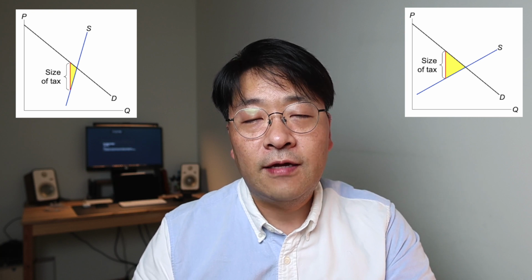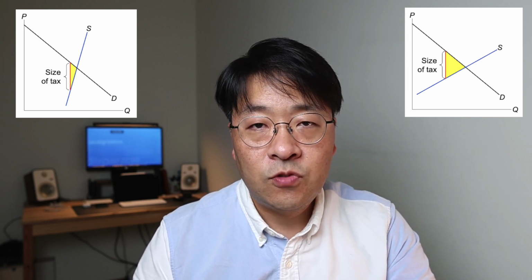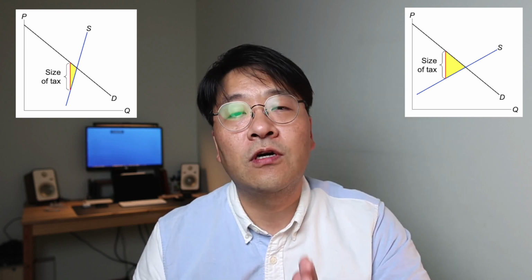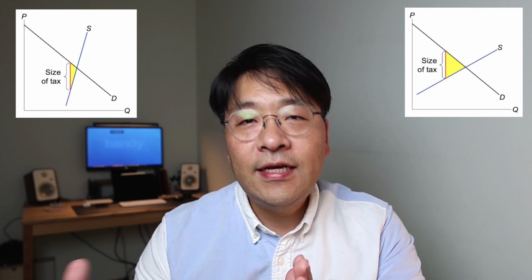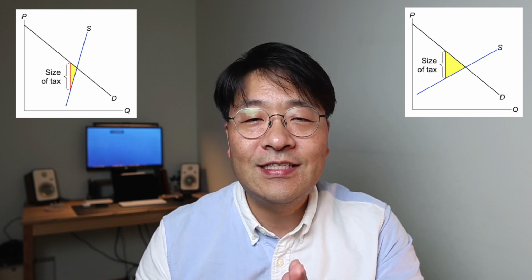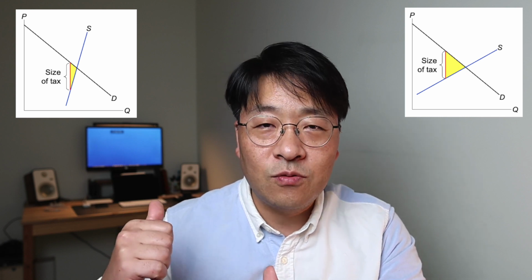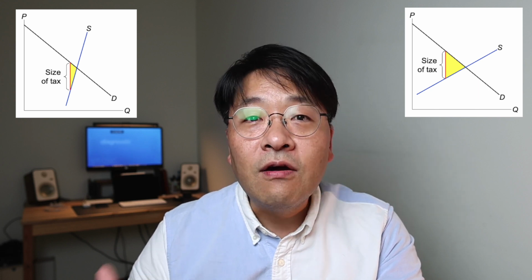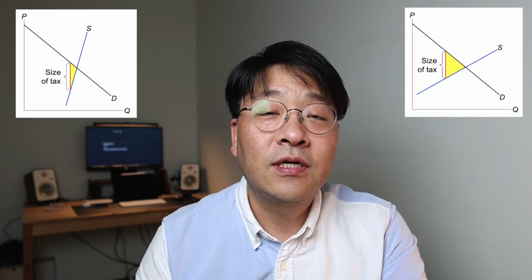That means the demand or supply is more elastic, so the transaction quantity is reduced more. The base, the size of the tax amount, is exactly the same, but the height of the triangle increases with elasticity. So the more elastic, the larger the area of the triangle, which is deadweight loss.